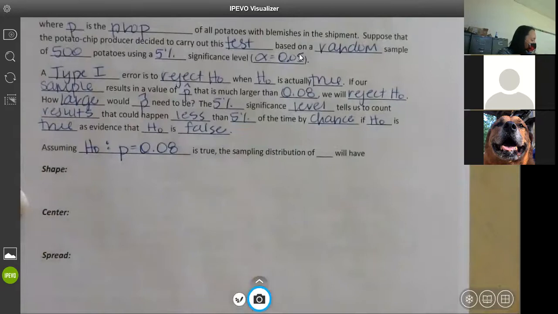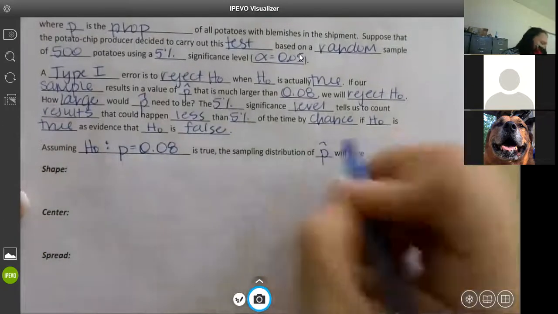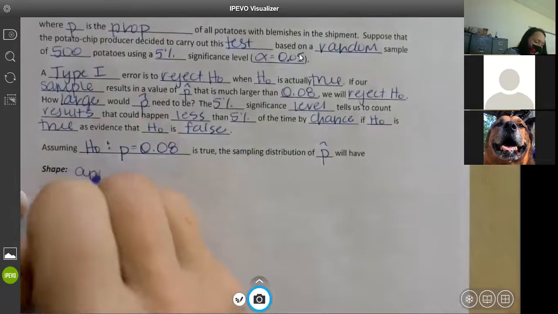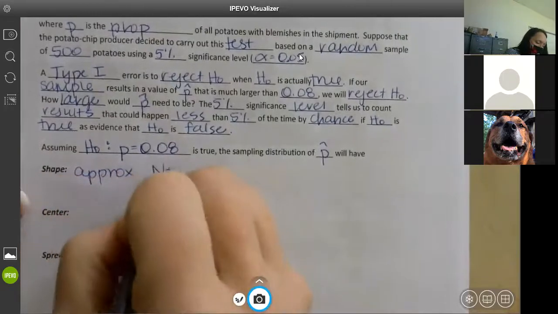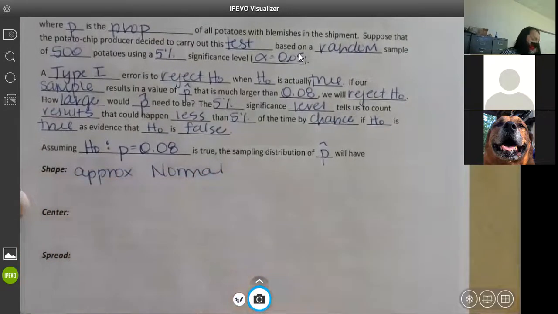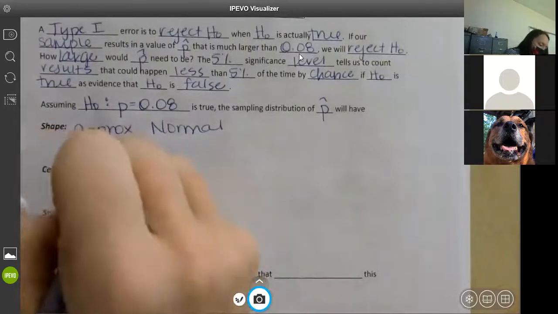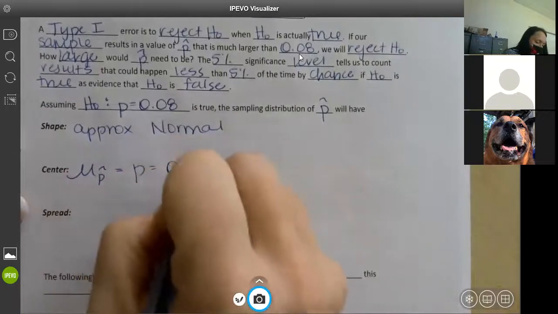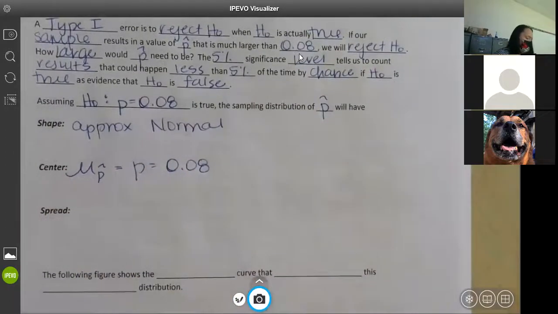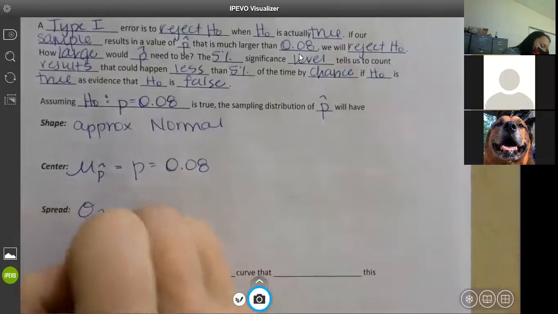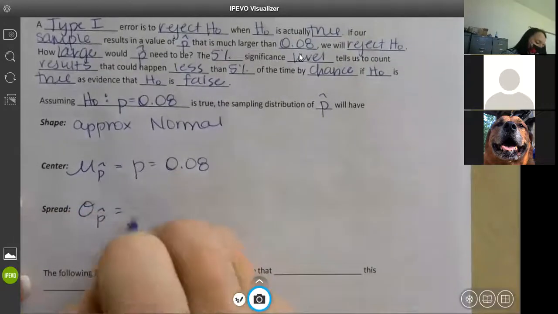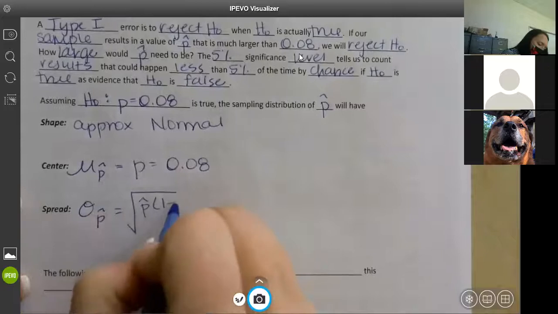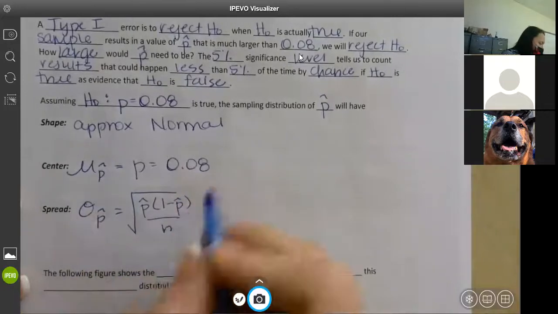So assuming that H sub O, our null, is true, the sampling distribution of p hat will have an approximately normal shape. Remember, the mean of p hat is just your probability. If we have proportions, our standard deviation is the square root of p times 1 minus p over n.